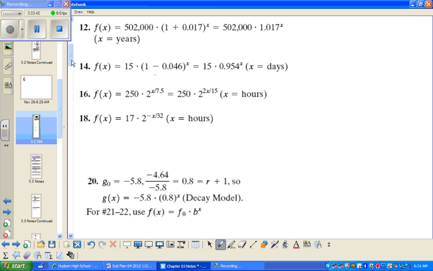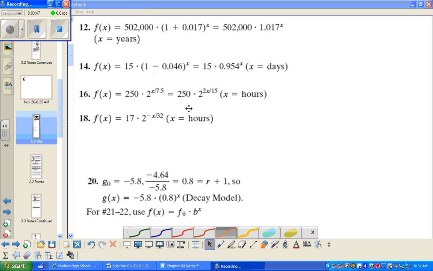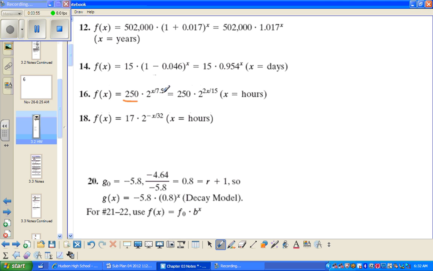Then you got to 16, which might have caused you a little bit of trouble or questioning. Number 16, you set it up the same way. They told you the initial population, so that probably wasn't an issue. But then what might have been tricky was that it's doubling every 7.5 hours. Well, since it's doubling, it's increasing by 100%, which would give you a base of 1 plus 1, which is 2.